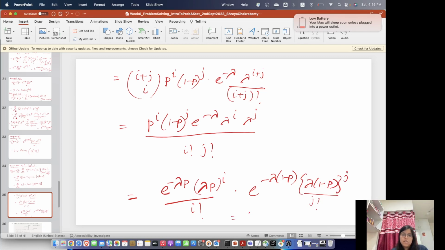So this is essentially probability of x equal to i into probability of y equal to j.